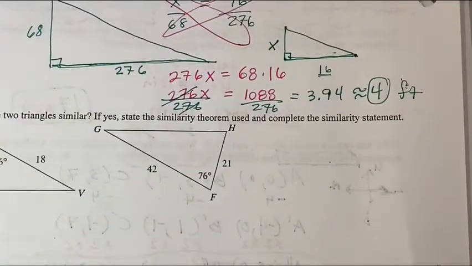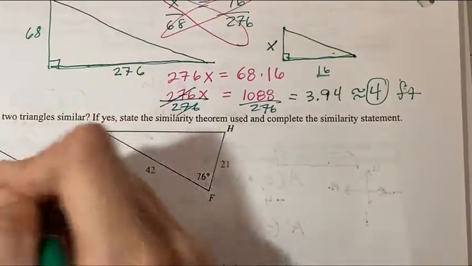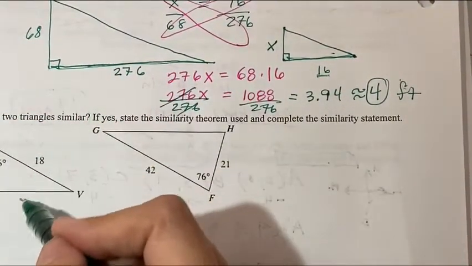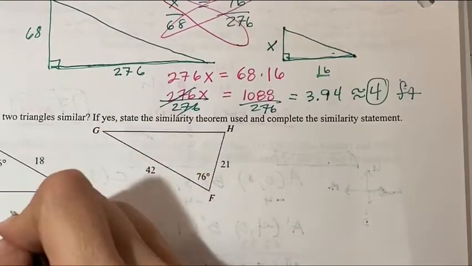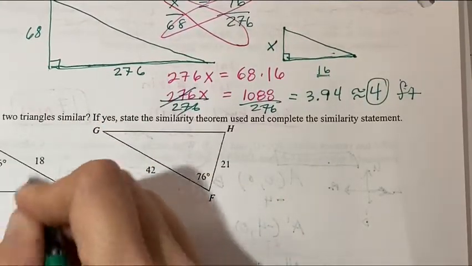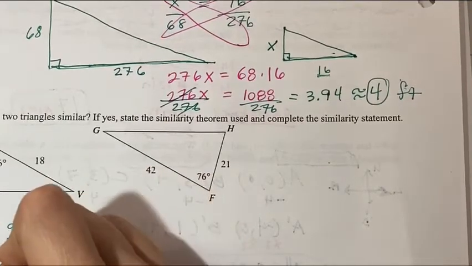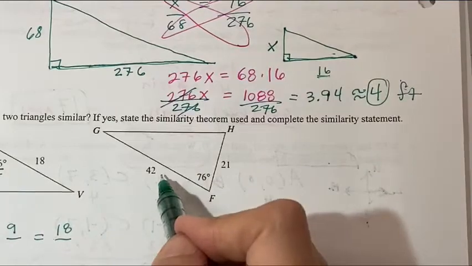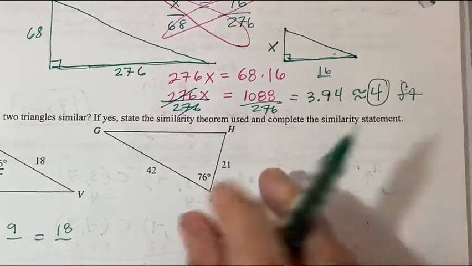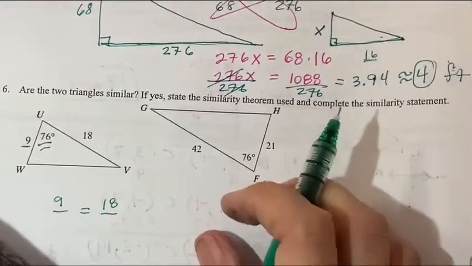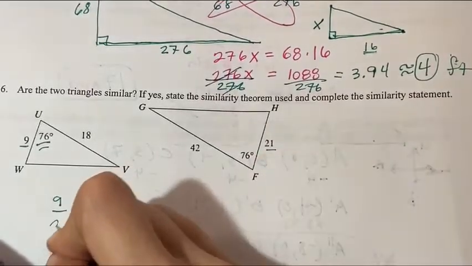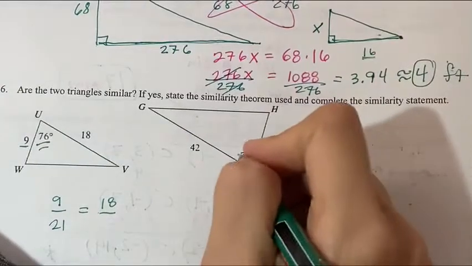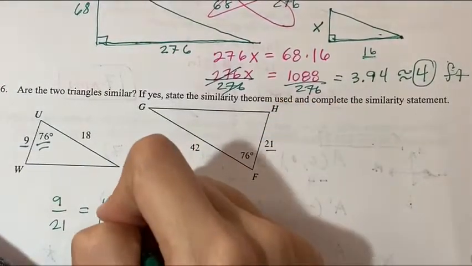Next one. Are these two similar? So let's look at the information given. The small side is 9, and the medium side is 18, with the angle between them, 76. And now the small side for this one is 21, and it is on the other side of this angle, 42.